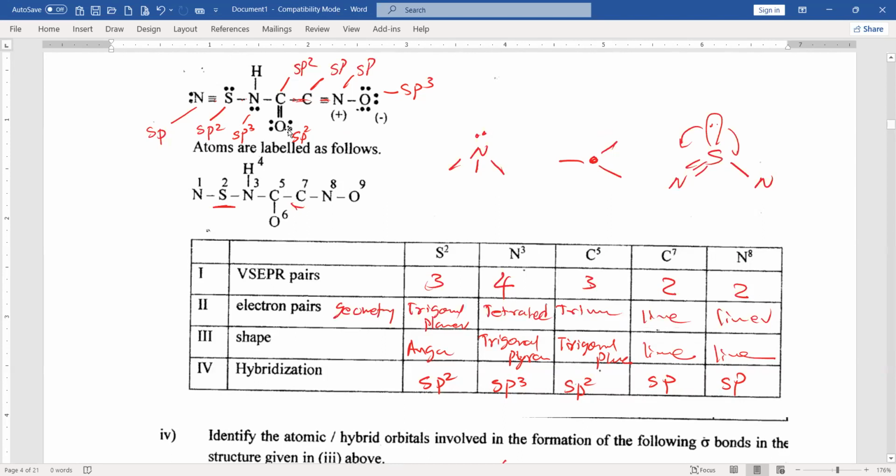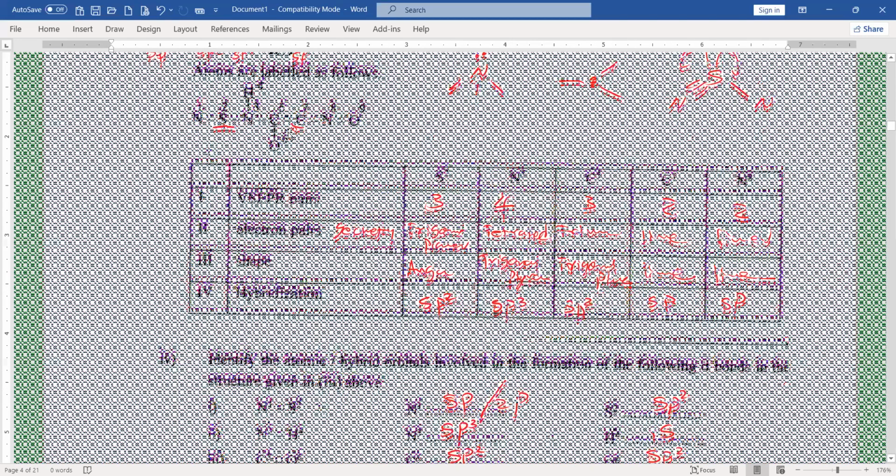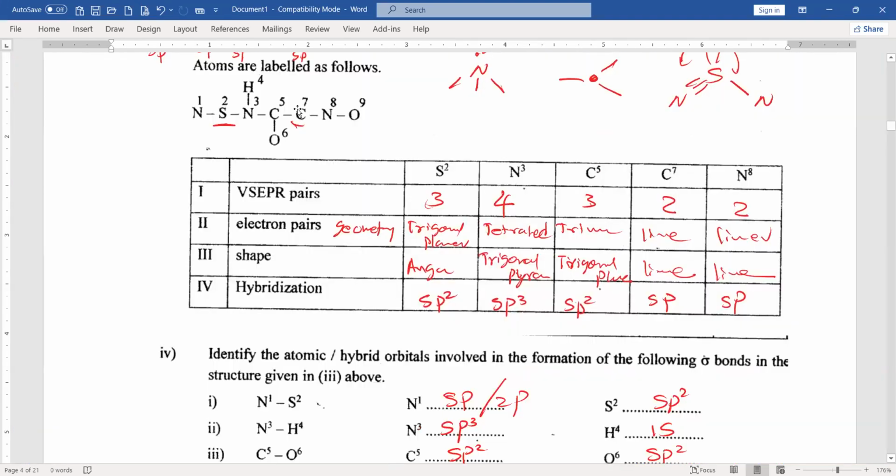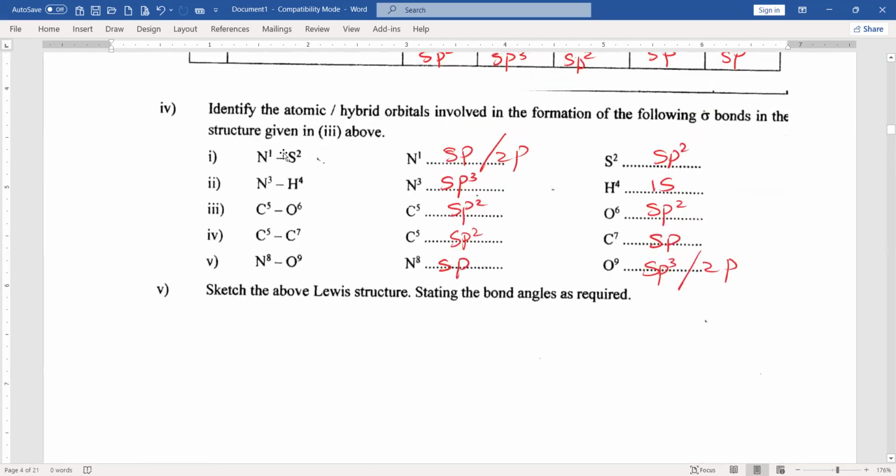Even this oxygen is also a terminal atom. We don't consider the shape around that. Then it may be 2p. If you need, you can put it as 2p. That means all of this O6. Even at O6, you can put just 2p. If you just write this 2p only, like this in the exam, you will get marks.